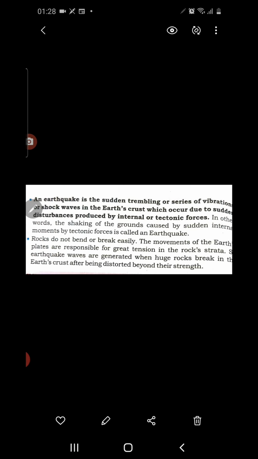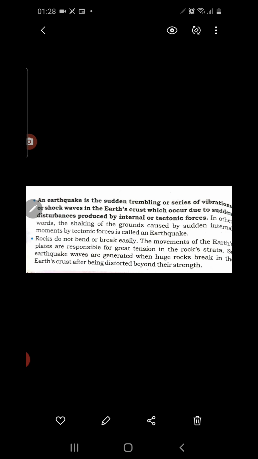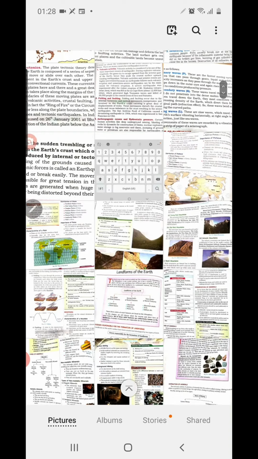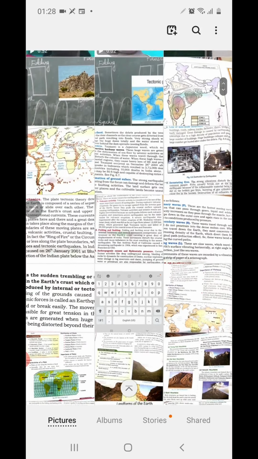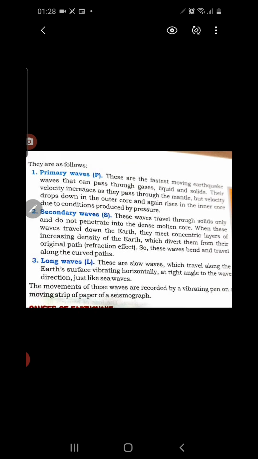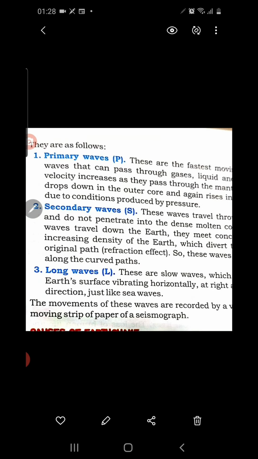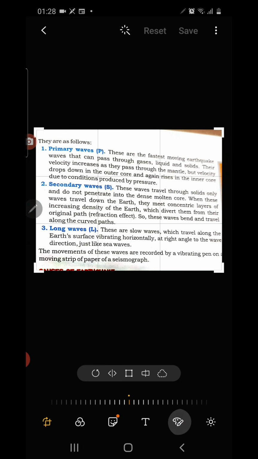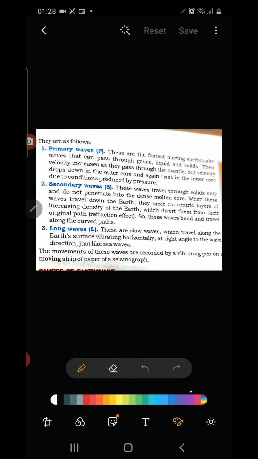Clear? So next we discuss three types of waves. There are mainly three types of waves in the lesson. It is given: primary waves, secondary waves and long waves. These waves are mainly produced at the time of an earthquake. So what is the importance of these waves?